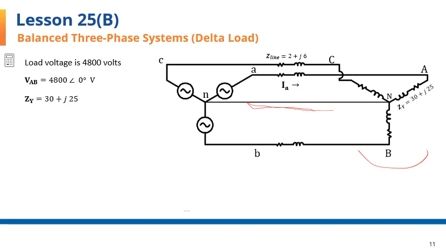From the line-to-line voltage of the load VAB, we can find this line-to-neutral voltage VAN between these 2 points.